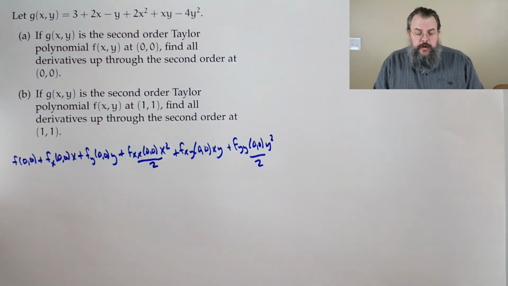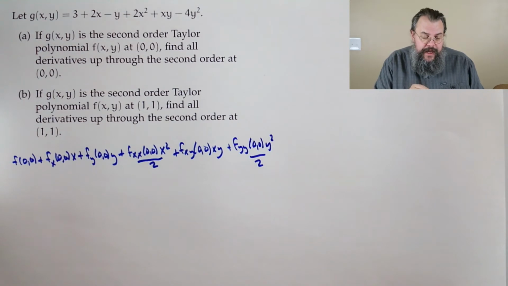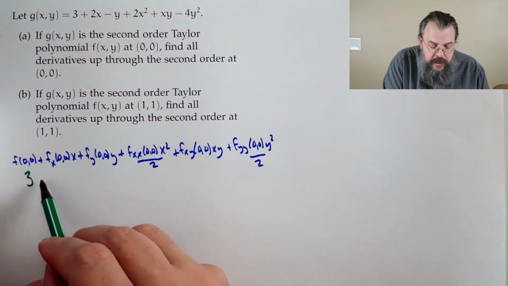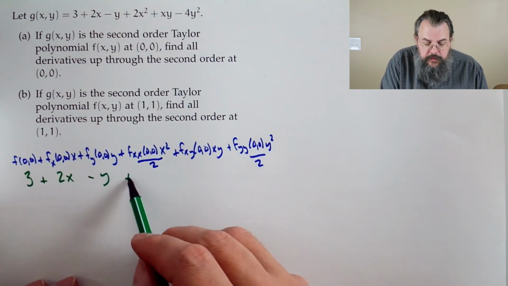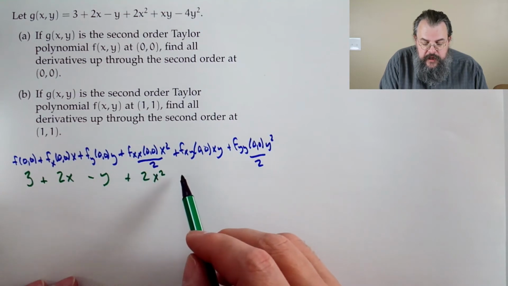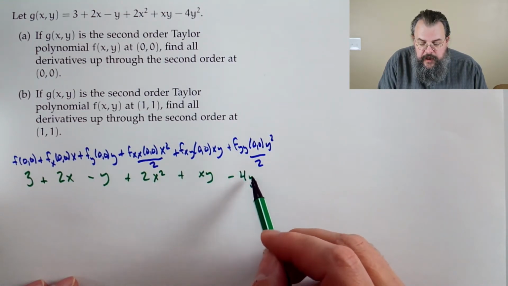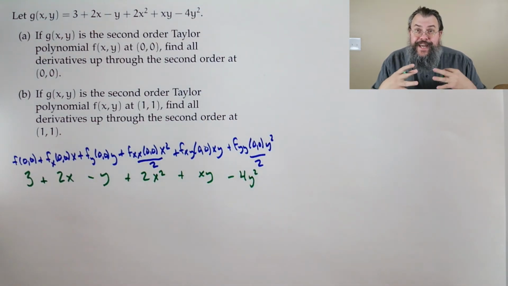And now we say, well look at our polynomial. It's actually great. So we have 3 plus 2x minus y plus 2x squared plus xy minus 4y squared. And now we do our matching game.